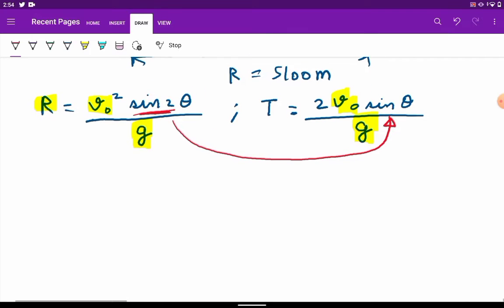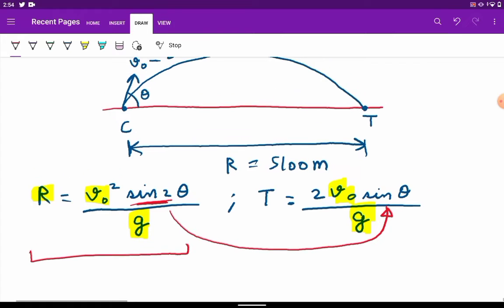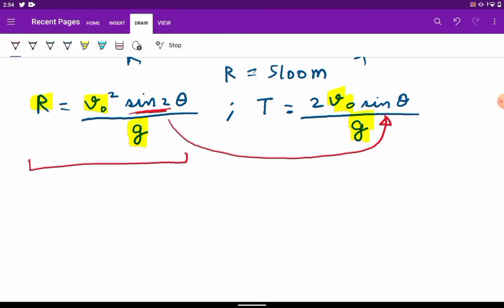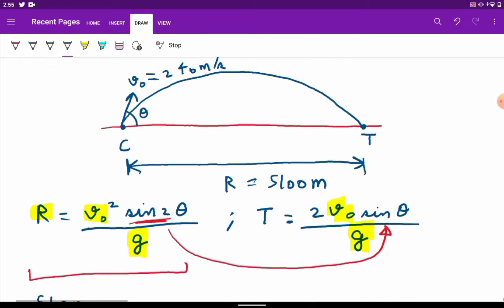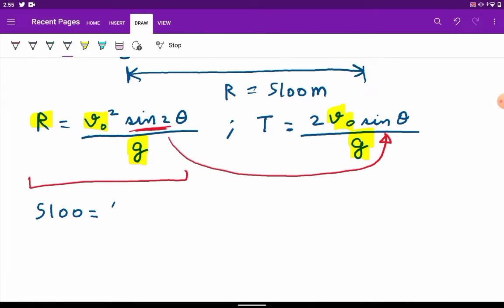Okay, now let's consider this equation. Your range, which is 5100 meters, is equal to v naught square, so 240 square, sine 2 theta divided by g.